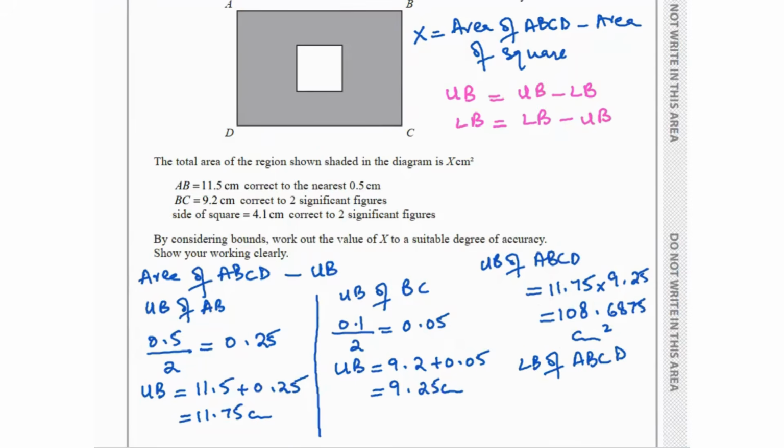For BC, lower bound would be 9.2 minus 0.05, which gives us 9.15. And over here, it would be 11.5 minus 0.25, which is 11.25 centimeters.